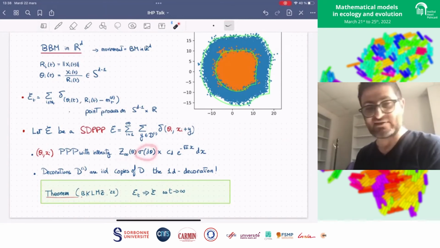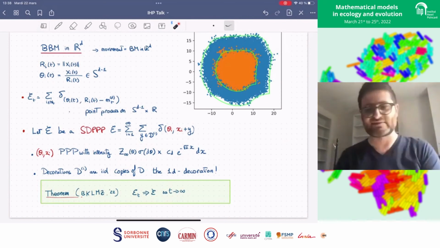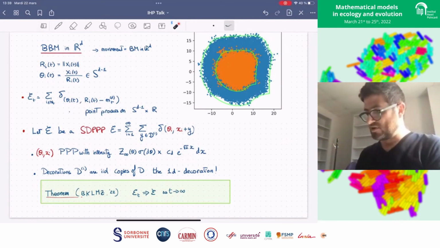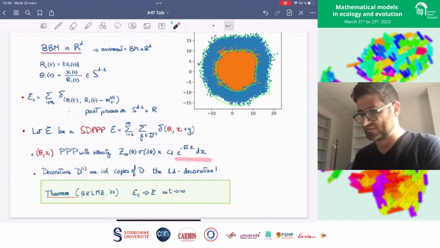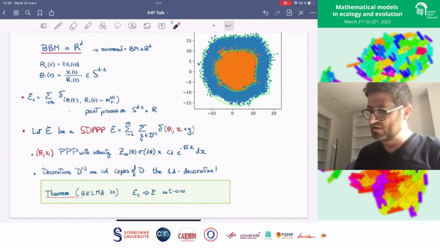Here sigma(d theta) is a surface measure, times some constant which depends on dimension. And again, you recover this e to the minus root 2 x dx Poisson point process for the distance. So you can factorize this intensity measure between the part for the direction and the part for the distance to 0.